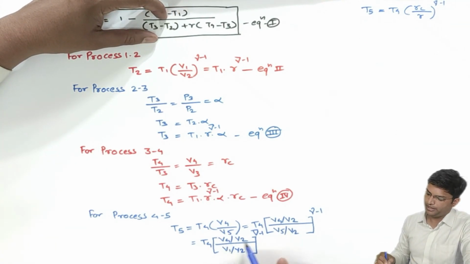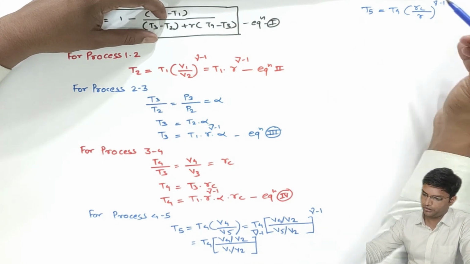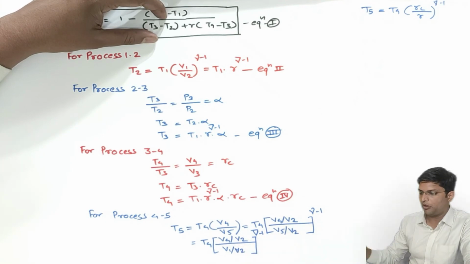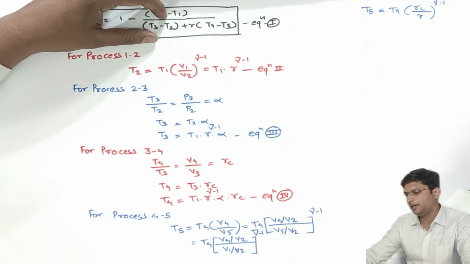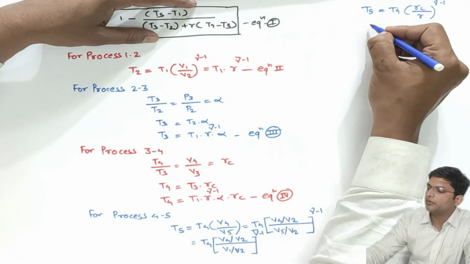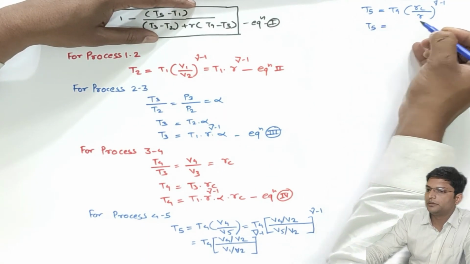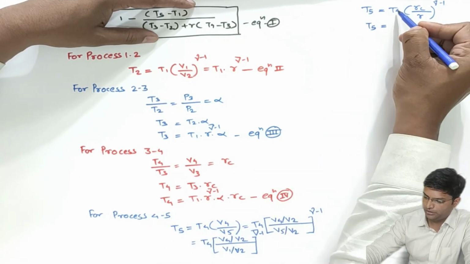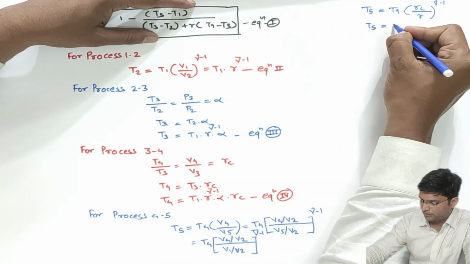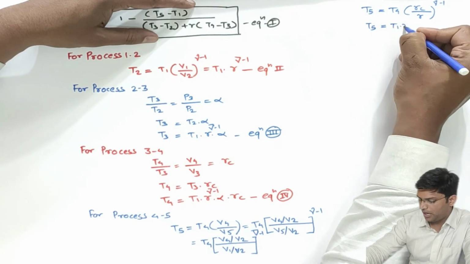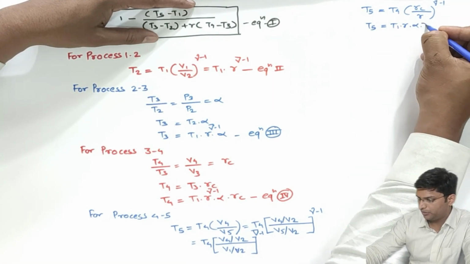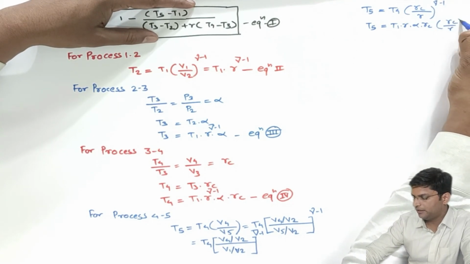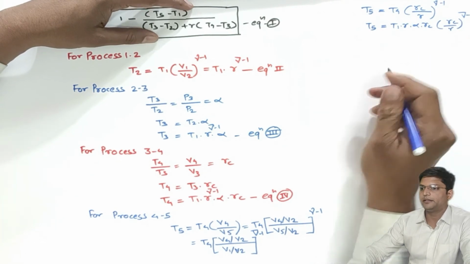We know V4 divided by V2 is nothing but the cutoff ratio, which is denoted by rc, and V1 upon V2 is the compression ratio, which is denoted by small r. Now the equation for T5 becomes, putting the value of T4 into this equation, T1 into r into alpha into rc multiplied by (rc divided by r) raised to gamma minus 1.